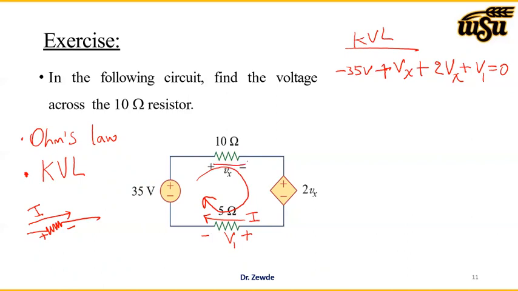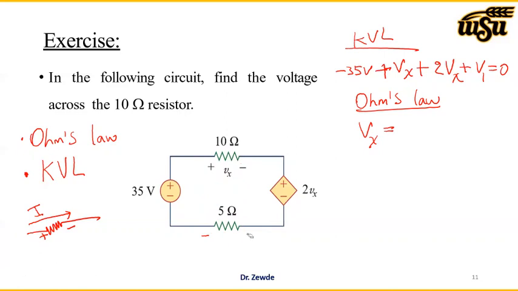Now let's say this current is I, and the current through this one is also I. If I use Ohm's law, Vx, the voltage across the 10 ohm resistor, is equal to 10 times I. Ohm's law says that the voltage across the resistor is equal to the current I times the resistance.